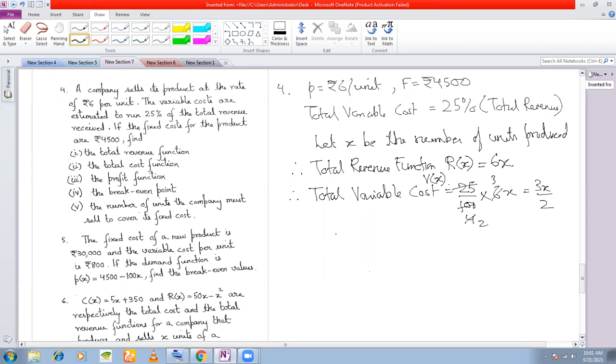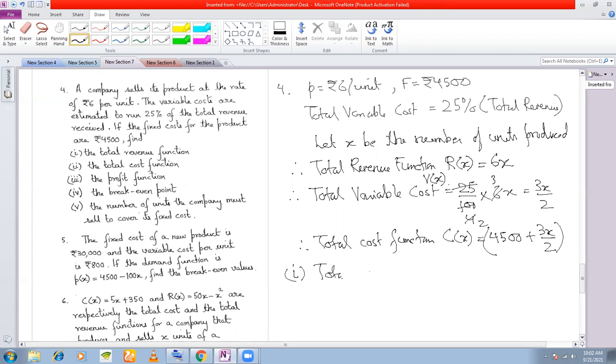Okay. So therefore, what is the total cost function? C(X) is equal to fixed cost plus total variable cost. Okay. This is your total cost function. Now let's answer the questions. First question, total revenue function.